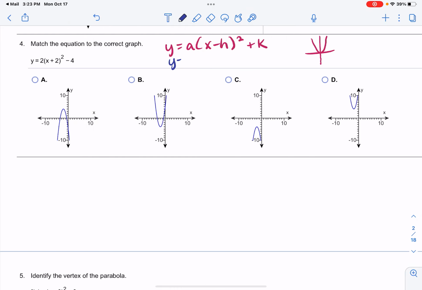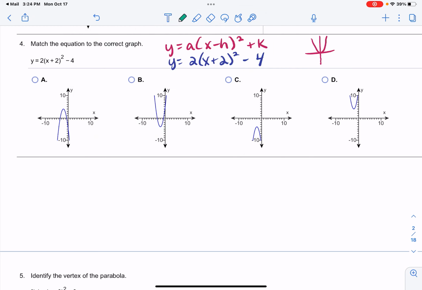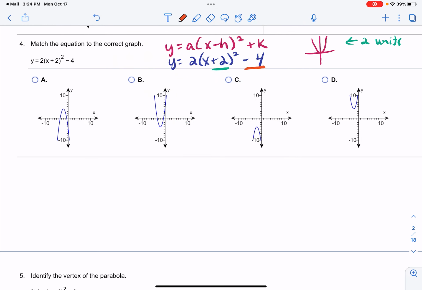So we have y equals 2 times x plus 2 squared minus 4. The plus 2 on the inside means that your parabola has been shifted to the left 2 units because of that plus 2. And then that minus 4 means that the parabola has been shifted down 4 units.